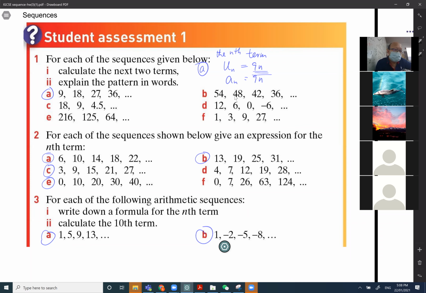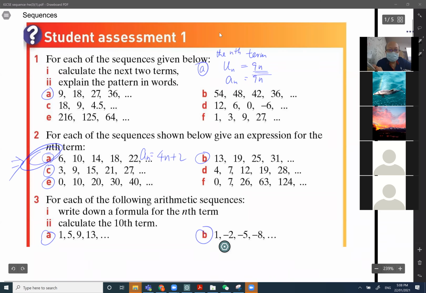Rebecca, what's 2a? Is it 4n plus 2? Excellent. You can say an equals 4n plus 2. Very good. Heidi, 2b. 6n plus 7. Excellent.